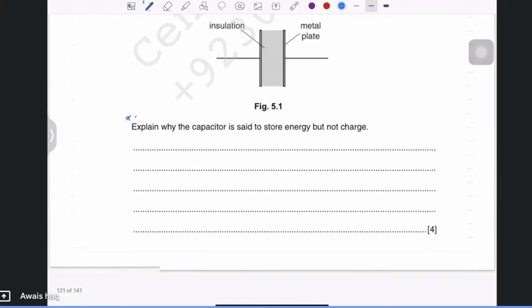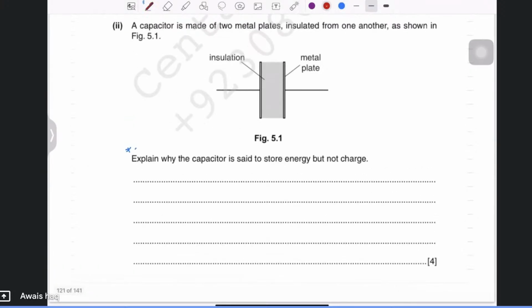So we say, number 1, work done by the battery makes negative charges move to one of the plates.